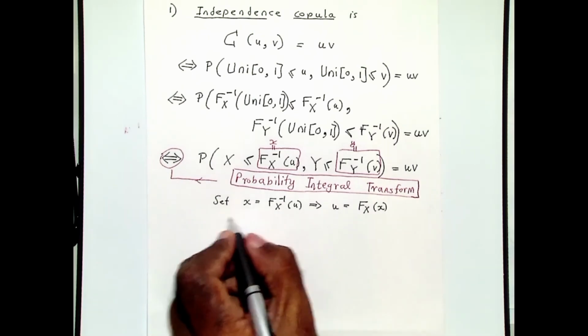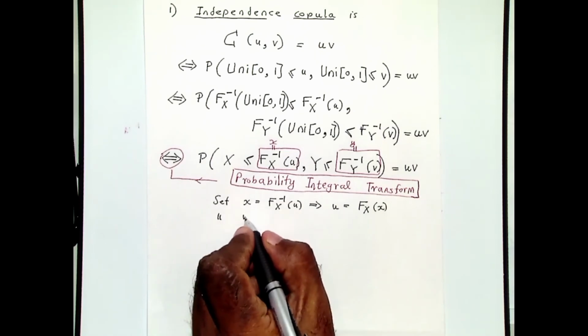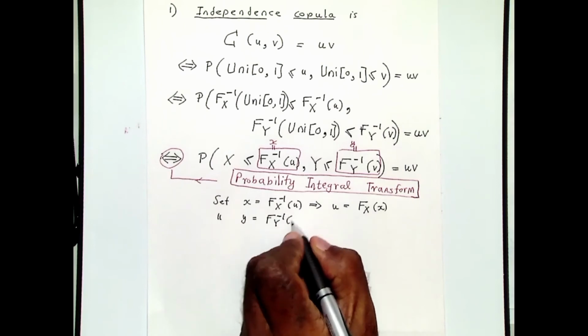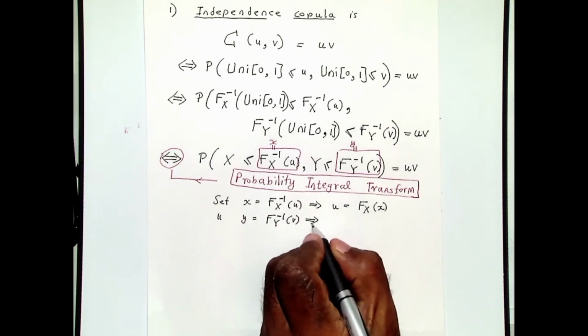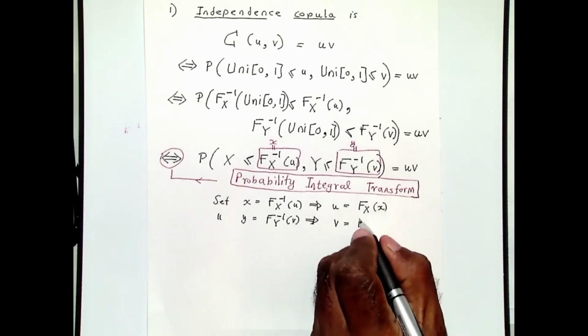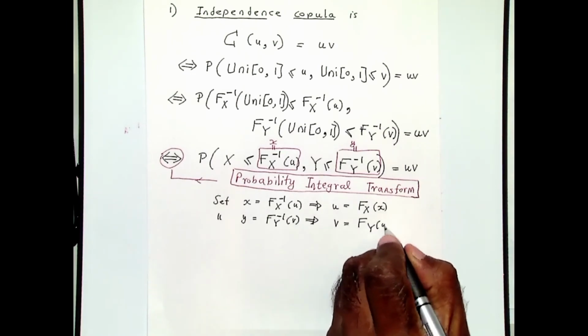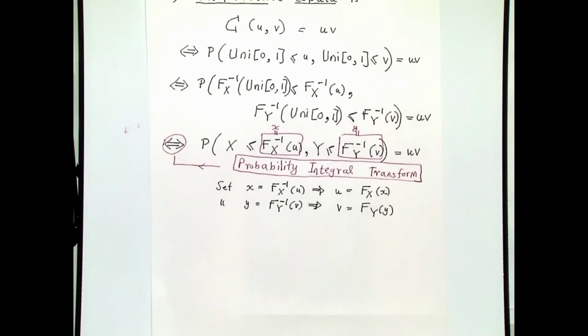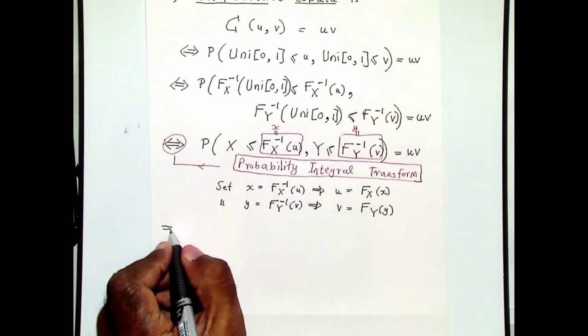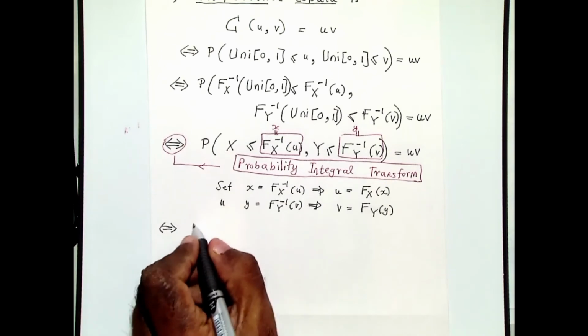And also I'm setting y equal to this, which implies that little v is F_Y of y. So setting this, the above statement can be written as follows.